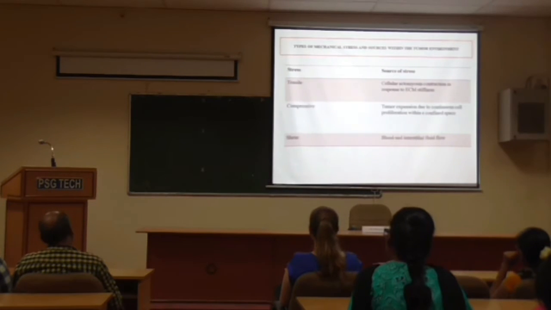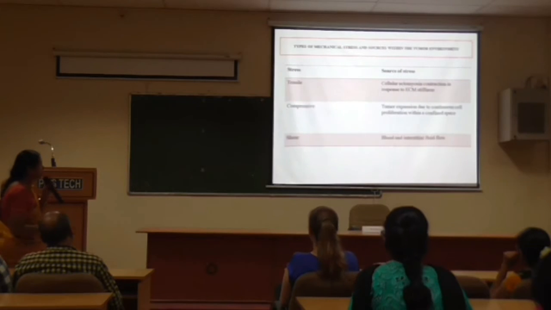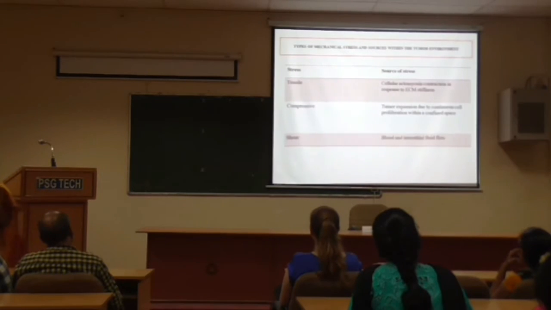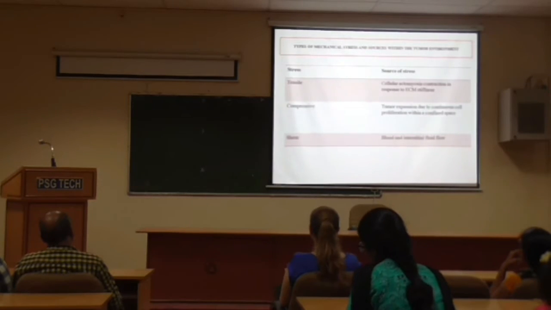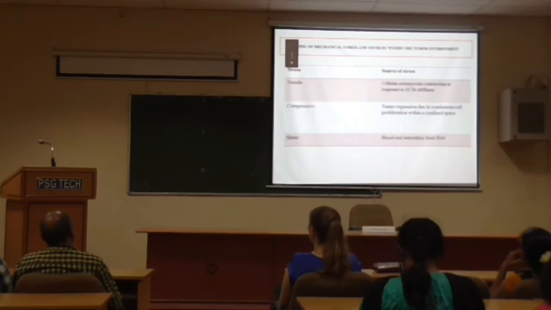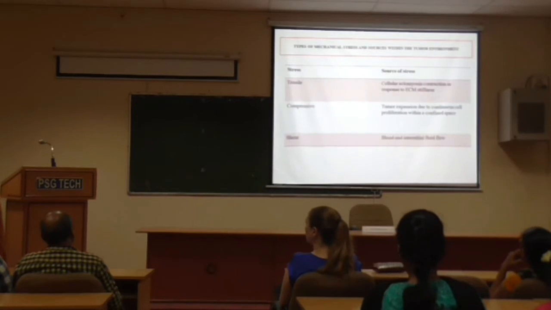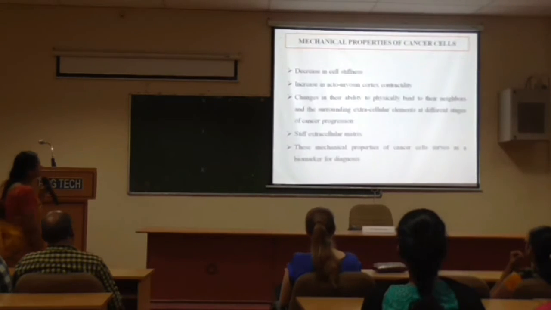So the major stresses the cells encounter during tumor development are tensile, compressive, and shear stress, which are the major factors deciding whether the cell has a tendency to stay in a localized environment or move away, leading to metastasis. Can I have the next slide?